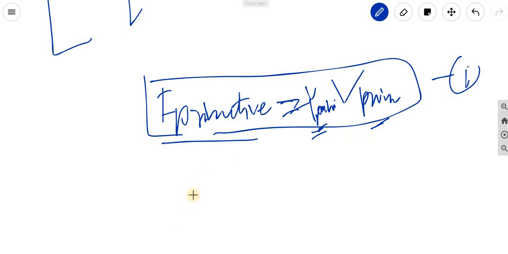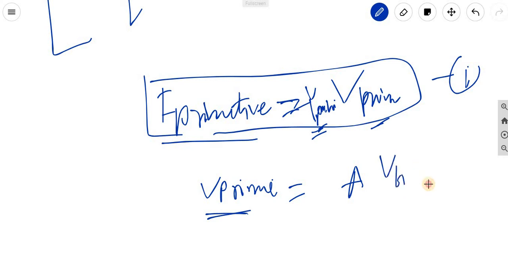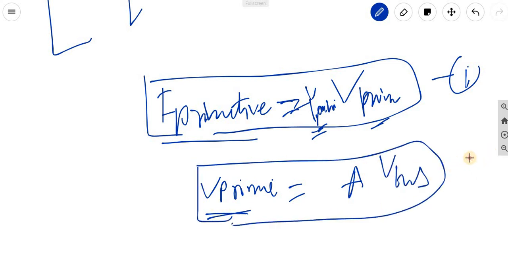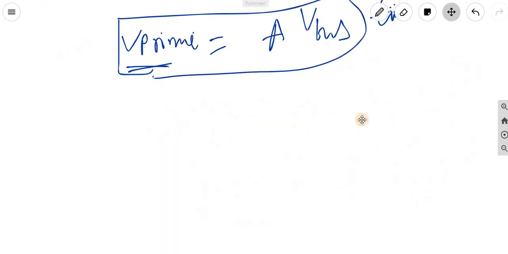Secondly, what we got? Secondly, we got the V primitive and the admittance incidence matrix with the Ybus. So this equation we got. Okay, thirdly what we got?